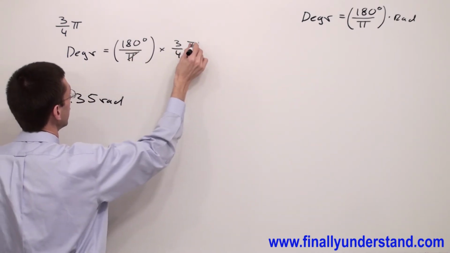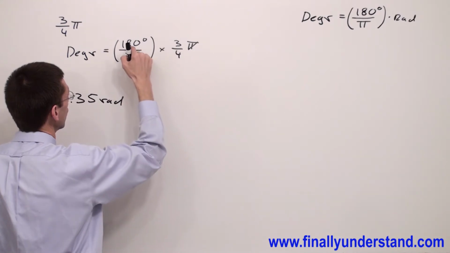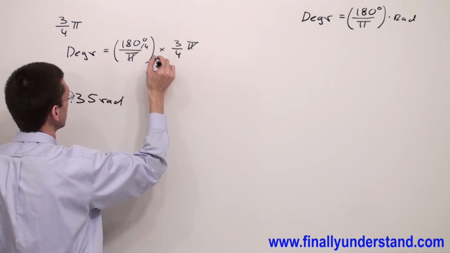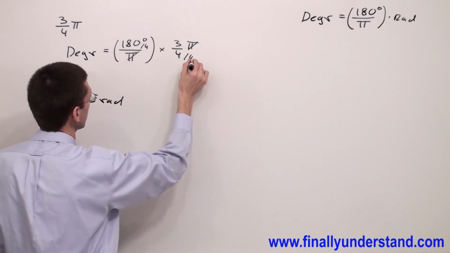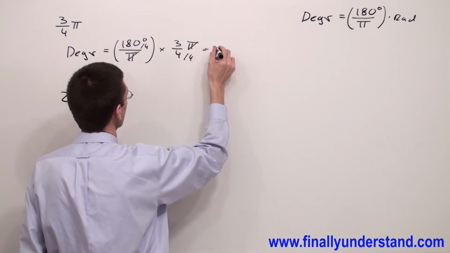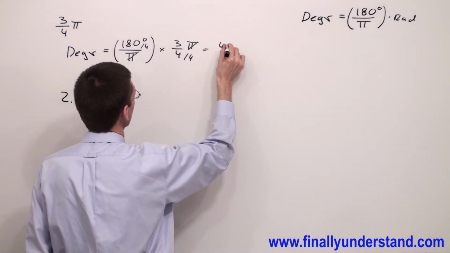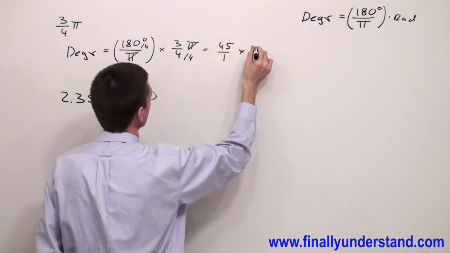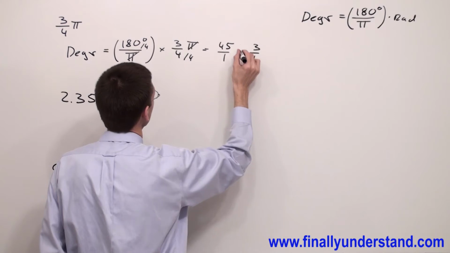Pi and pi will cancel out. 180 and 4, both of them are divisible by 4. This is equal to 180 divided by 4 is 45 over 1 times 3 over 1, of course, degrees.